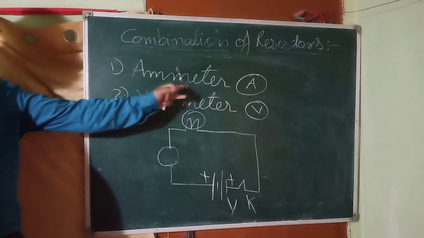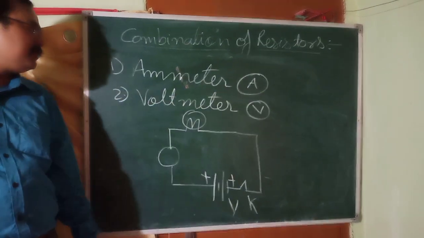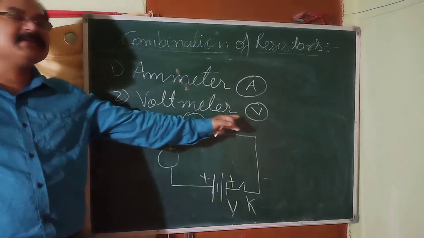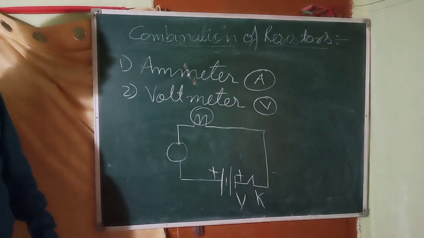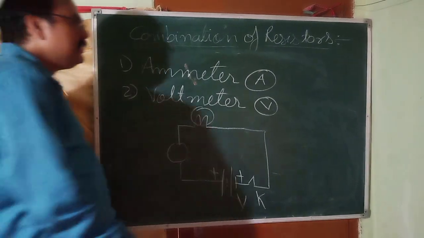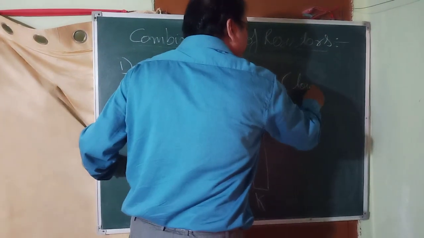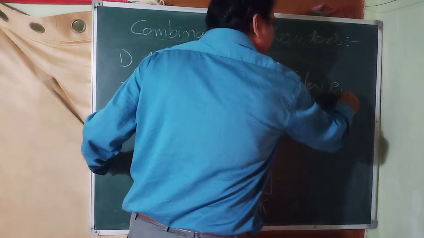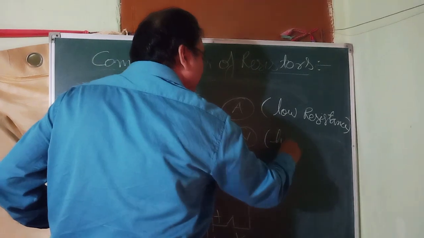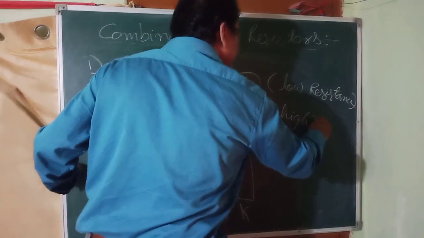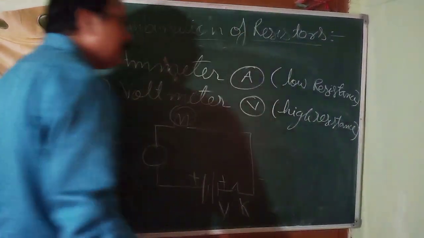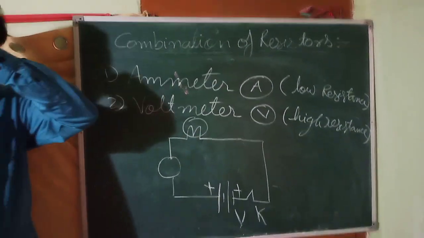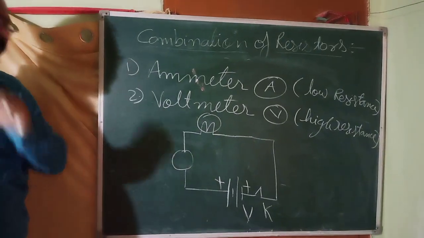We already know the ammeter is used for measuring electric current, and the voltmeter is used for measuring potential difference. The ammeter is a low resistance device, and the voltmeter is a high resistance device.